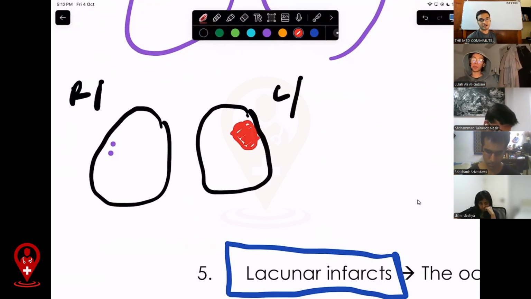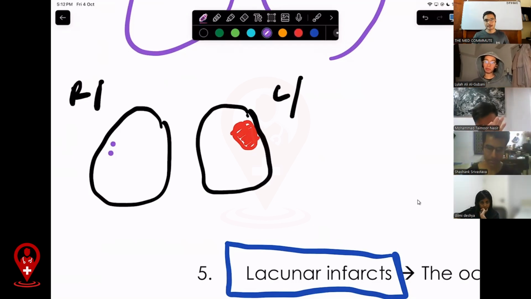Forget about lacunar stroke for a second, guys. And on my right side, I've drawn a lacunar stroke just to compare. I'm not saying that the same person is having both infarcts. I'm just drawing to compare and show you all. On this right side, I have drawn 2 small lacunar infarcts. Majority of the time, just like Shashank said, these are minor deficits.